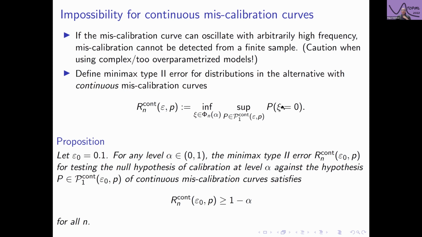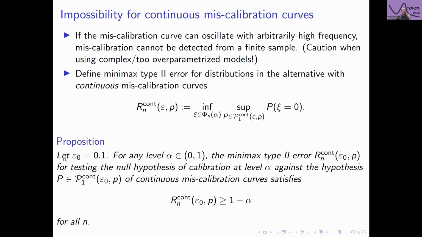Here what we look at is a test psi that rejects when it's not calibrated. So this is the probability that psi is 0, meaning that we don't reject. And we look at the worst case of this probability of not detecting miscalibration over probability distributions where the calibration curve is only continuous, not necessarily smooth, and we want to find the best test.